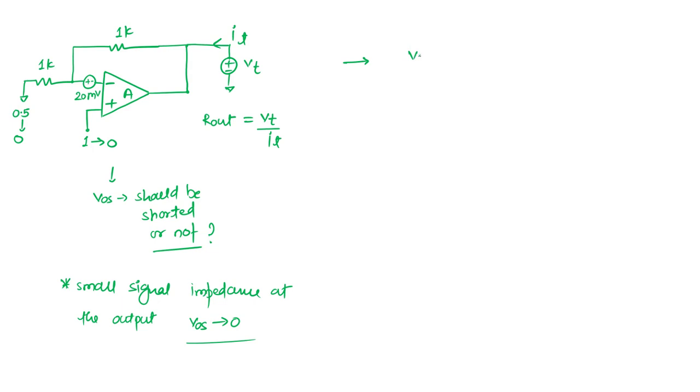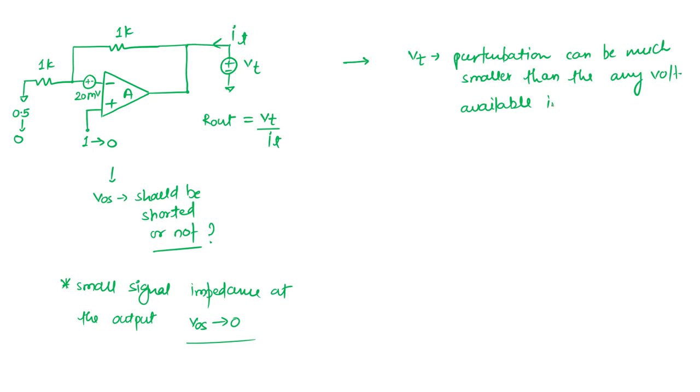This VT perturbation can be much smaller than any voltage available in the system.